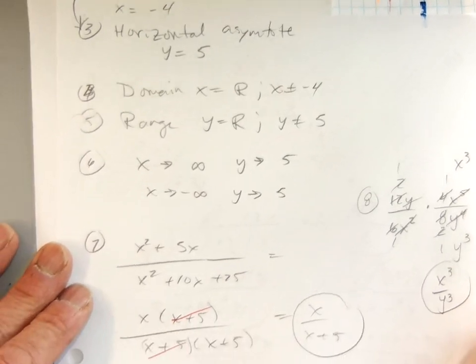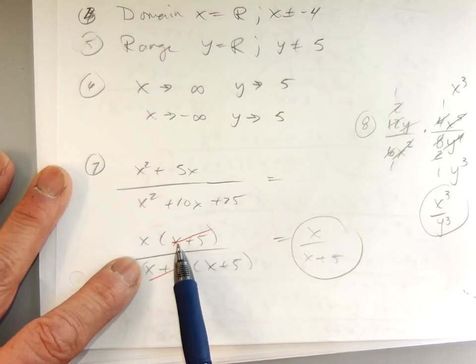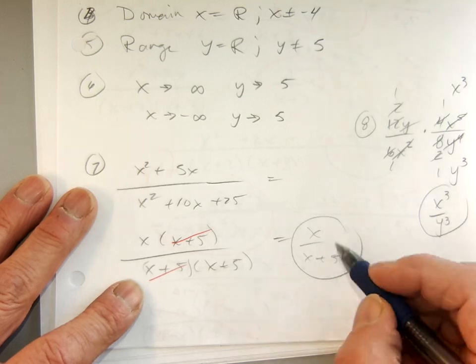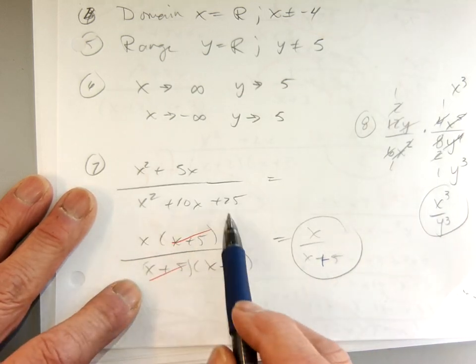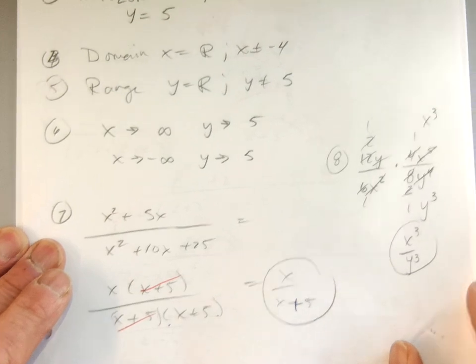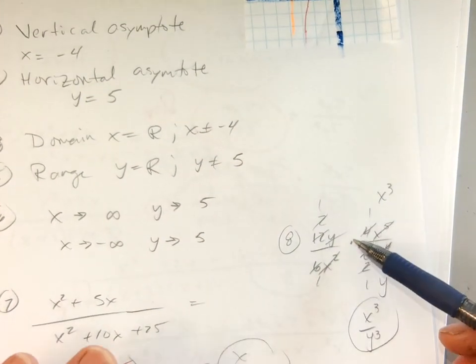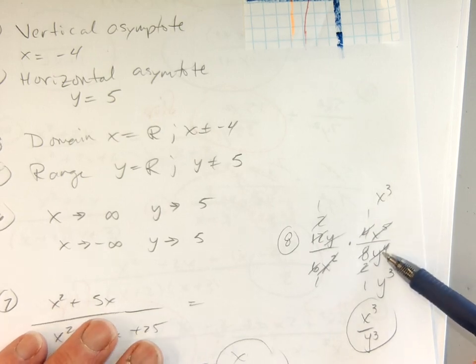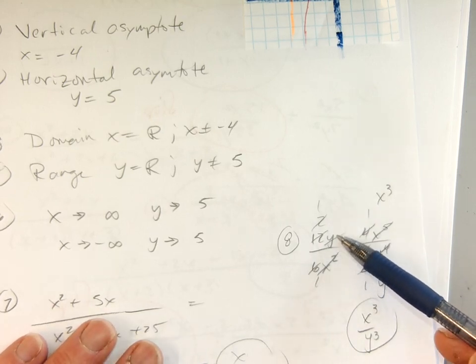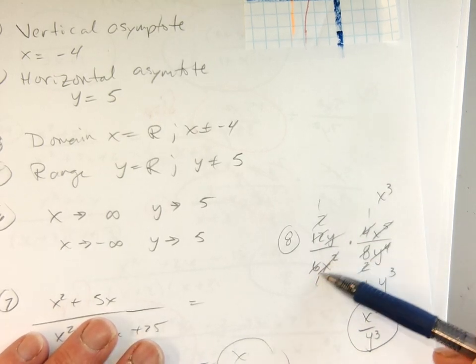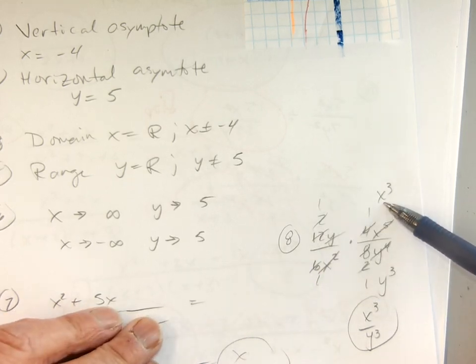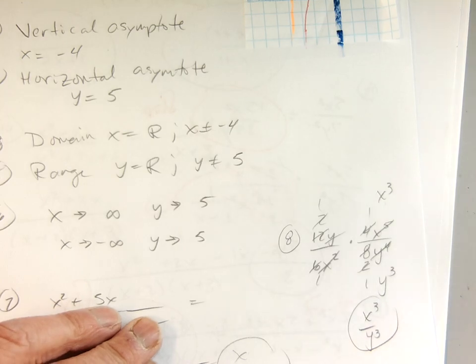Number 7, I factored, common factored, canceled, and I got x plus 5 as an answer, okay? Common factor, 5 and 5. Number 8, I just simplified, just started canceling. I went 6 and 4, 8 and 2, 4 y's with a y, and x to the third over y to the third, okay?